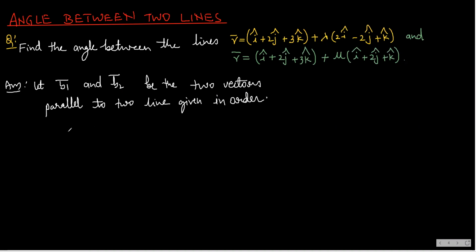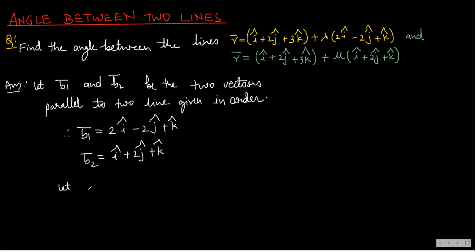So I shall write, therefore, b1 bar equals 2i cap minus 2j cap plus k cap, and b2 bar is i cap plus 2j cap plus k cap. Okay, so I will write: let theta be the angle between the two lines.